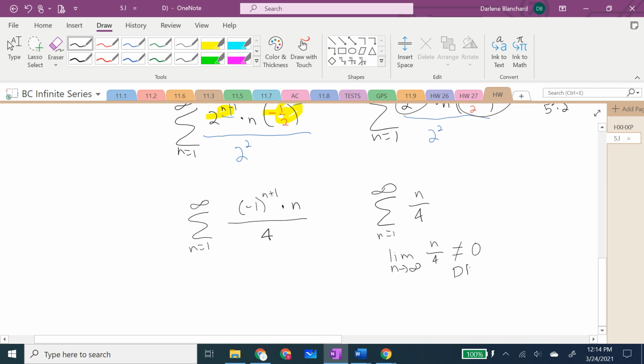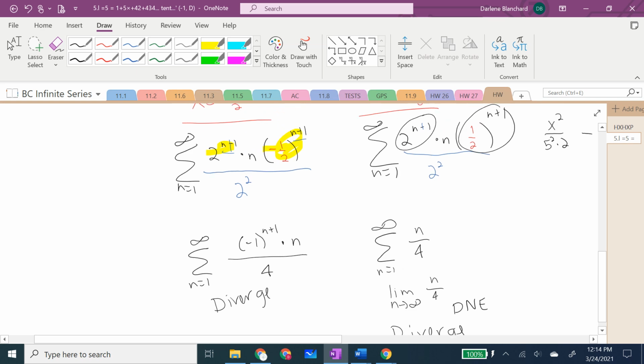In fact, the limit does not exist. And so it diverges by the nth term test. And if you take a moment to think about it, making that an alternating series is not going to help the situation. It diverges by the divergence test as well.